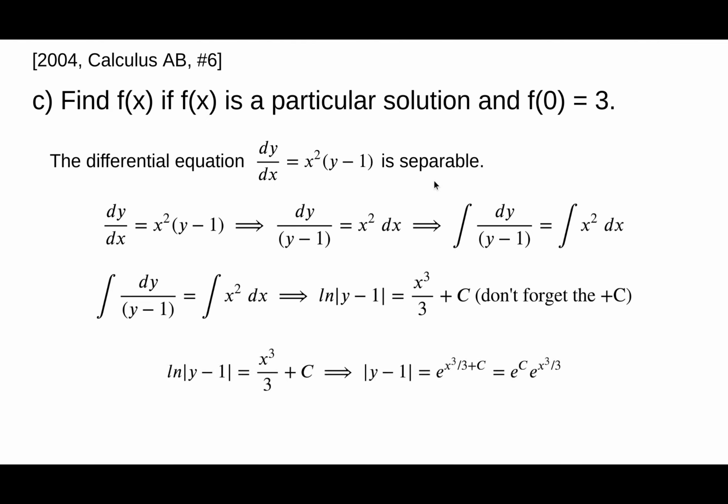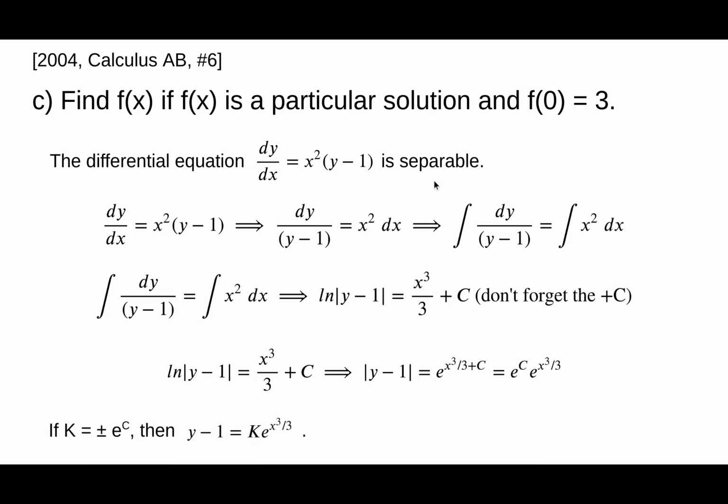So if we have the natural log of the absolute value of y minus 1 equals x cubed over 3 plus c, then that means the absolute value of y minus 1 is equal to e to the (x cubed over 3 plus c). Remember how exponent rules work. The sum of two powers is just the product of two powers with the same base, so the plus c can be thought of as e to the c, a constant multiple of e to the x cubed over 3.